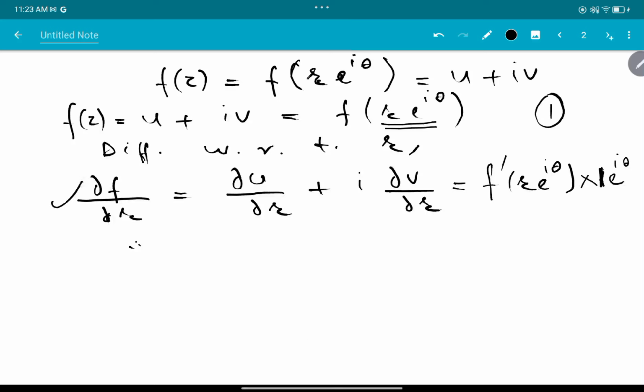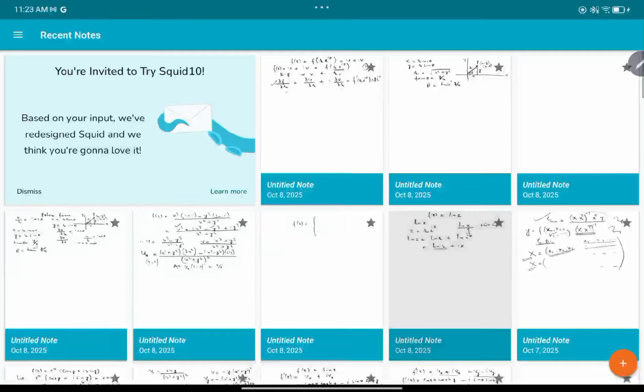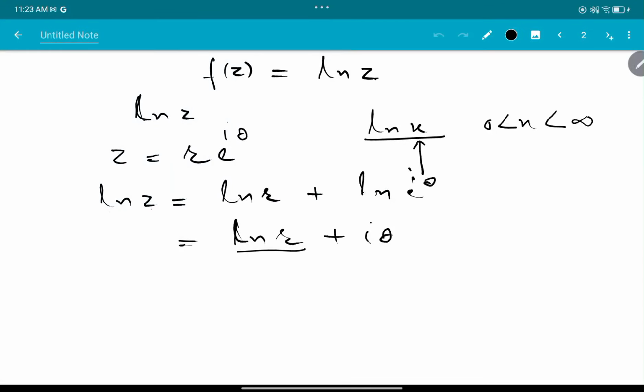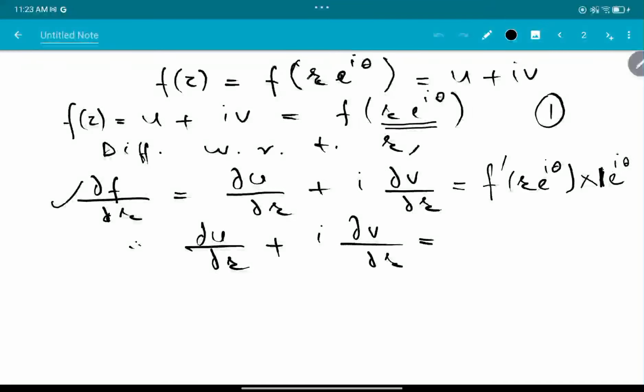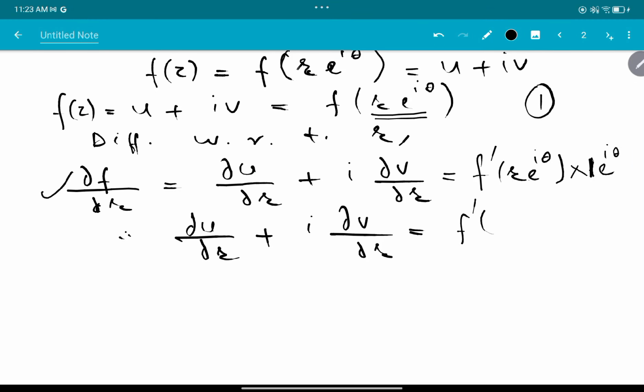I will go with this: del u by del r plus i del v by del r is equal to, I can write it, f dash of r e raised to i theta into e raised to i theta. Call it equation second.